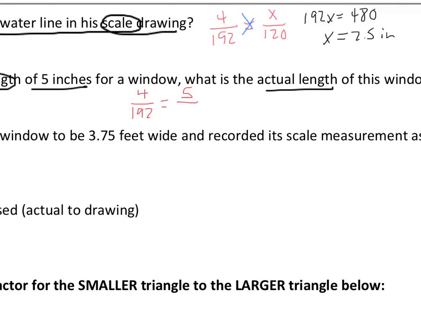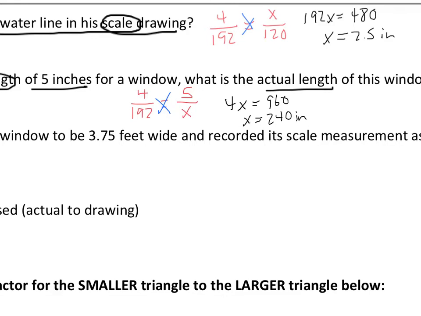Actual length is the bottom, so I have to have that be the unknown. Don't get those mixed up, otherwise it will mess up your calculations. Cross multiply, and we get 4x equals 5 times 192, which is 960. We divide both sides by 4, and we get 240 inches.